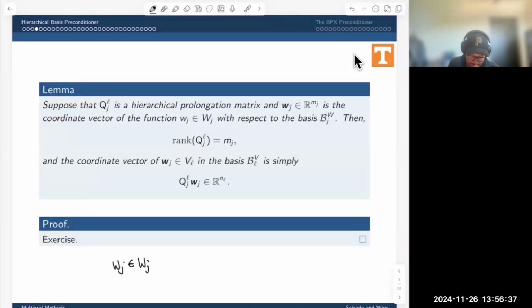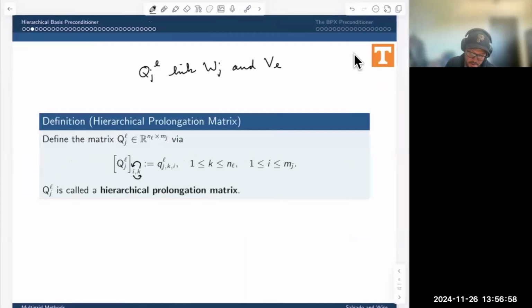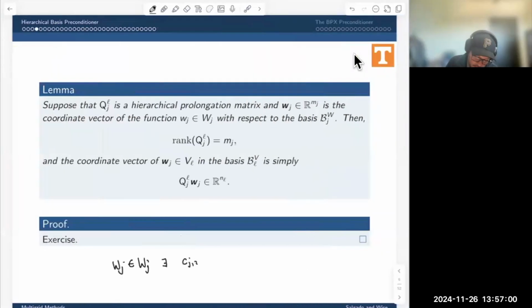Since WJ is in capital WJ, there exist numbers CJI, I equals 1 to MJ, and in fact they're unique.